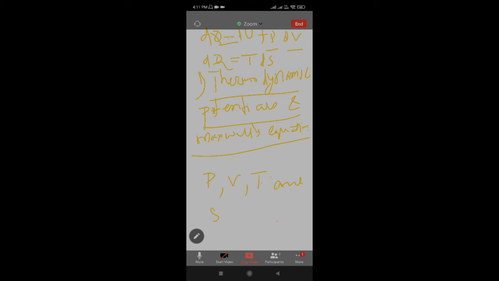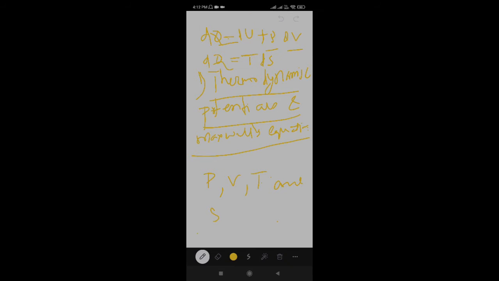This follows from the definition of entropy, dS equal to dQ by T. So dQ is equal to T dS. Here also we are using two parameters from these four, T and S.